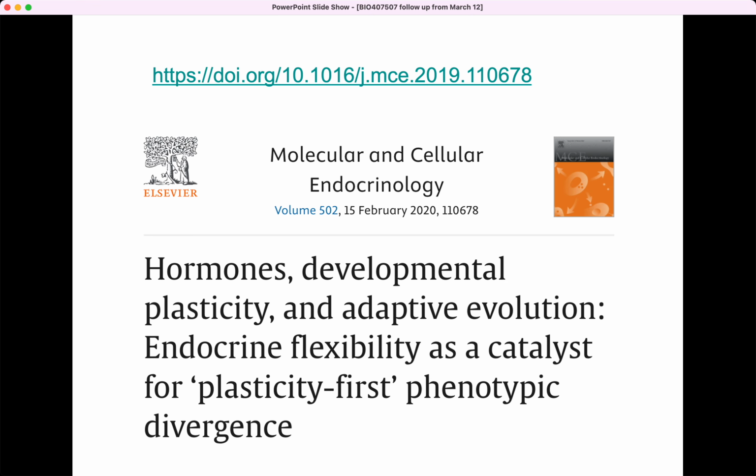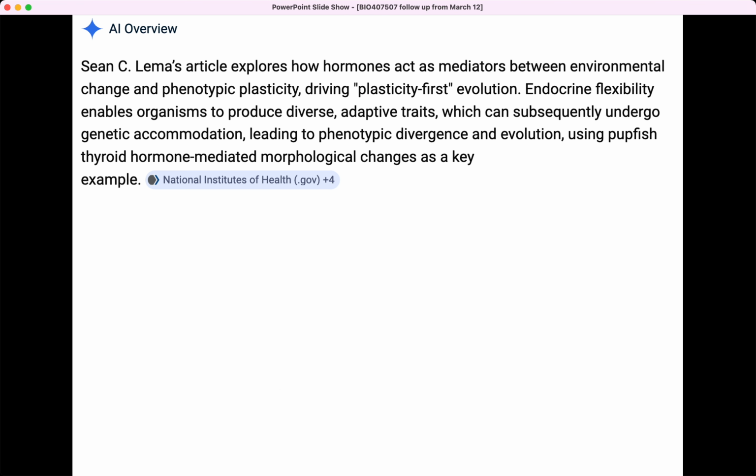And you can read the article, but it's okay in our course to be realistic about the use of it. And so, there's a nice summary like that. So hormones, in particular this thyroid hormone, lead to a potential plasticity in the phenotype of these fish's ancestors, and then evolution acted on one type of plasticity that was a range of plasticity present.